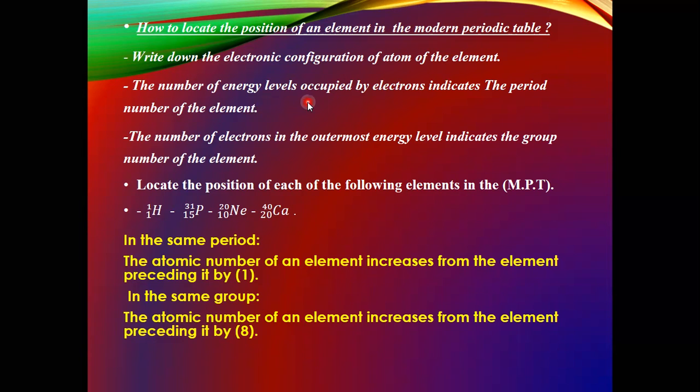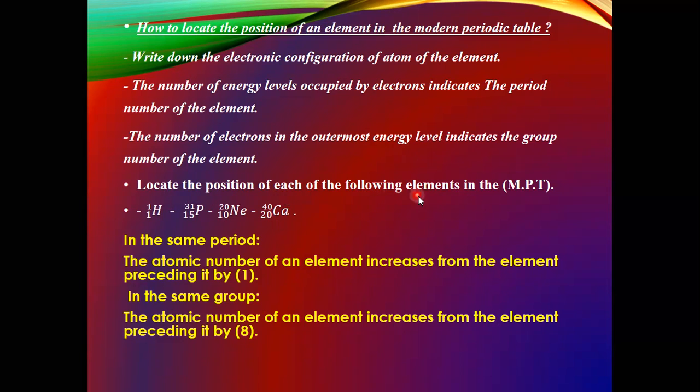Number of energy levels occupied by electrons هعرف النمبر. ومش كده وبس هعرف number of electrons in the outermost energy level. ببساطة number of energy levels هو number of period. والnumber of outermost electrons هو number of group. تعالوا نشوف الكلام ده.